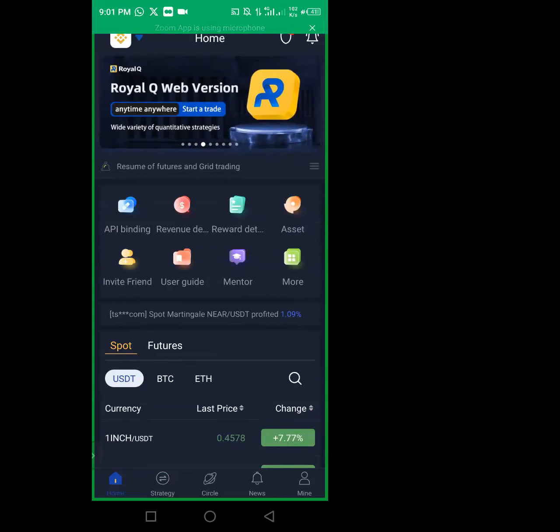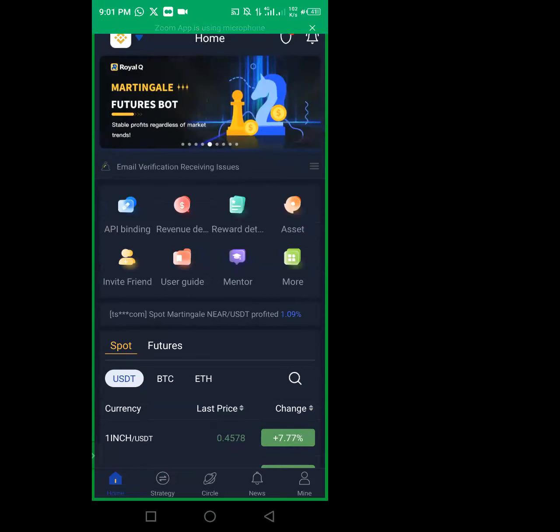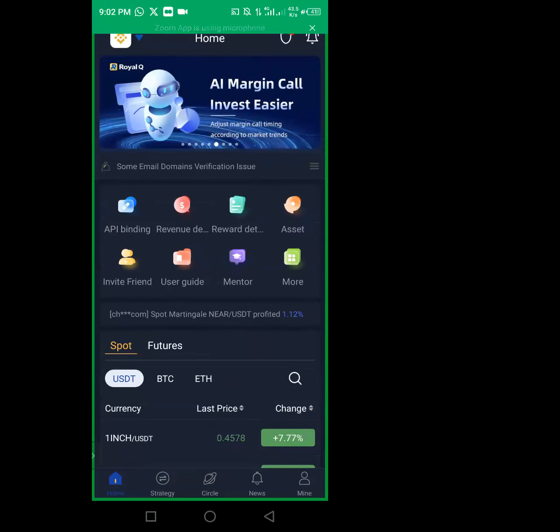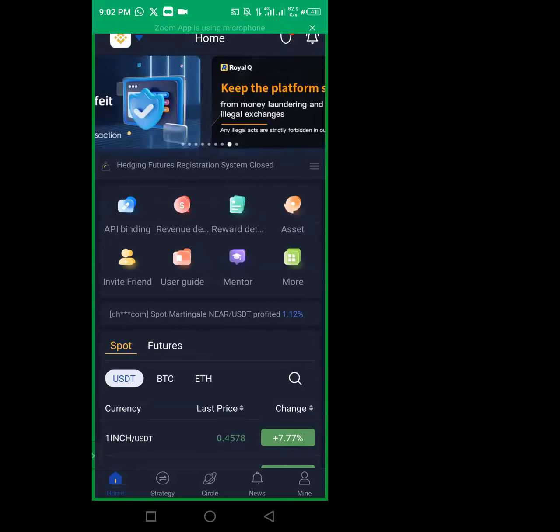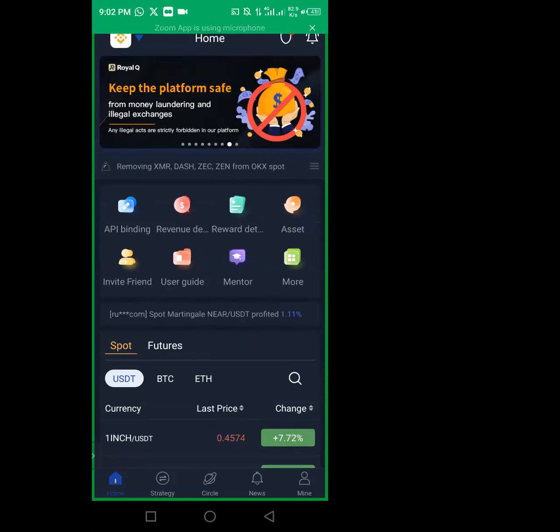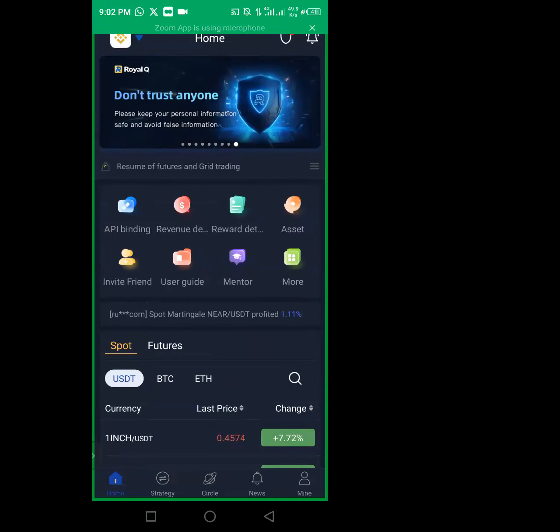We have been into this business for our third year. Me personally, I started the business in July 2021. And this is my third year of using Royalq. And it has been amazing. I bought my first car from this business. I did so many other achievements from Royalq.